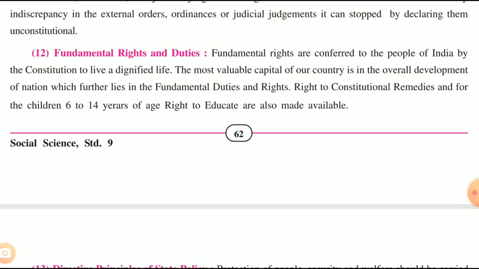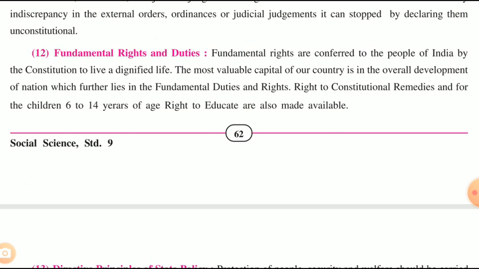As per this fundamental right to education, any Indian citizen of 6 to 14 years has the right to learn, to speak, and to read and write any language of his interest.